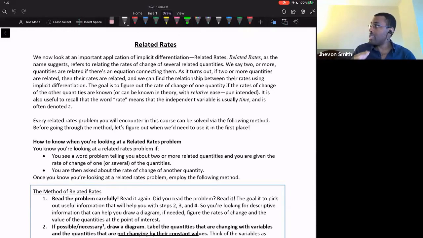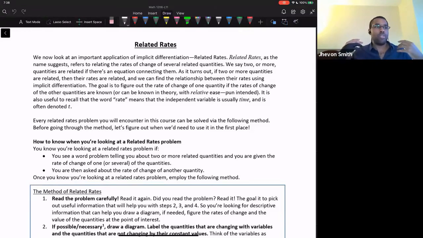So the idea is there are times when I'm interested in finding out the rate of change of something. Obviously, that's what solving the rate problems means, but I can't get a handle on that thing directly. However, I know how to find the rates of change of something that's related to that thing. So I can find the rate of change by using related rates. If quantities are related, then their rates of change are automatically related.